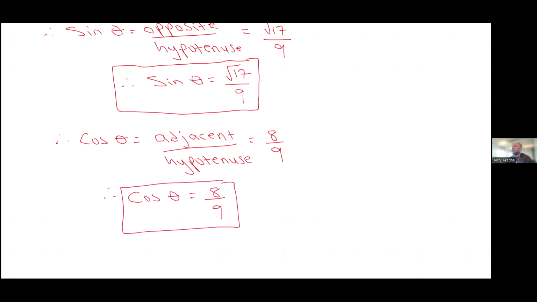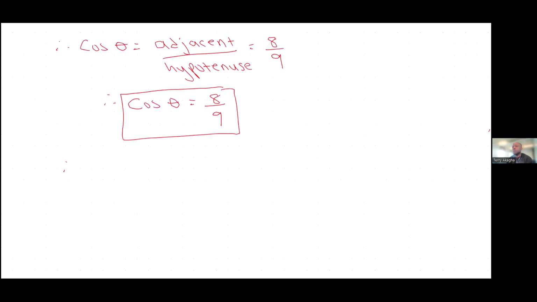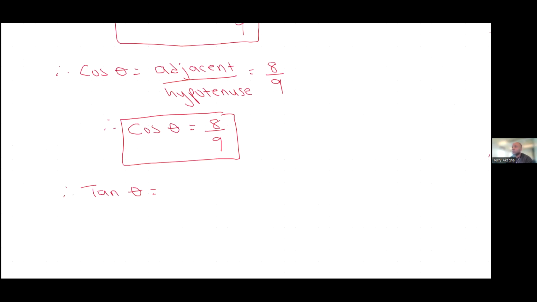Then the next one, we have tan theta, which will be equal to, we're talking about the TOA now, the opposite over adjacent. So we have the opposite divided by the adjacent. What's the opposite here?